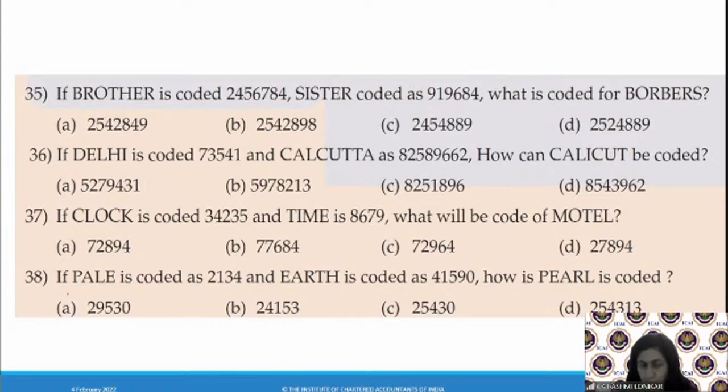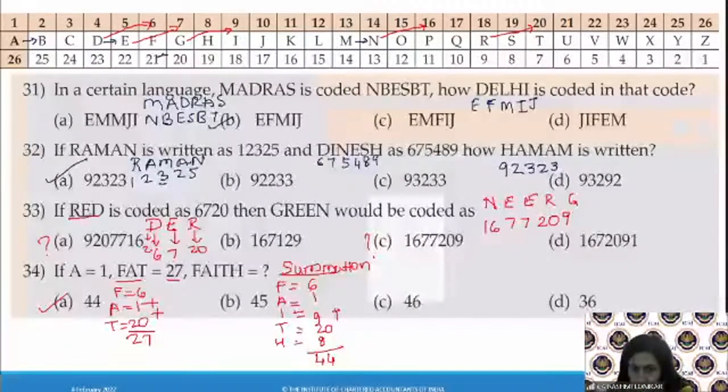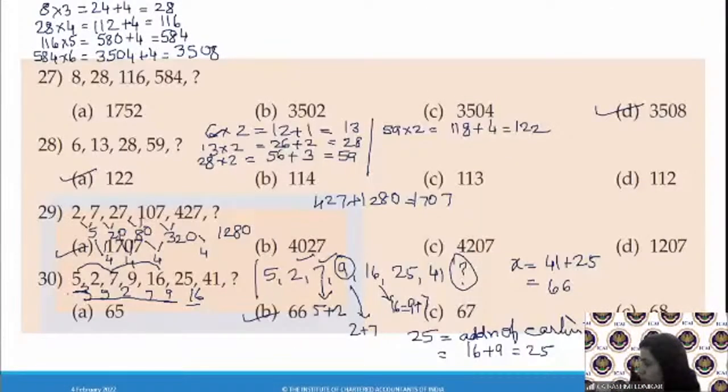Yes, Gopal. Divyashri, which 29th do you want again? Divyashri wants 29th.